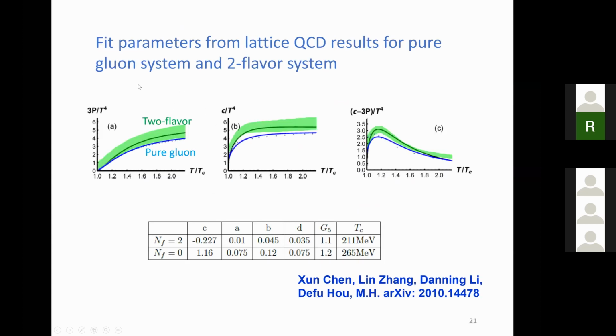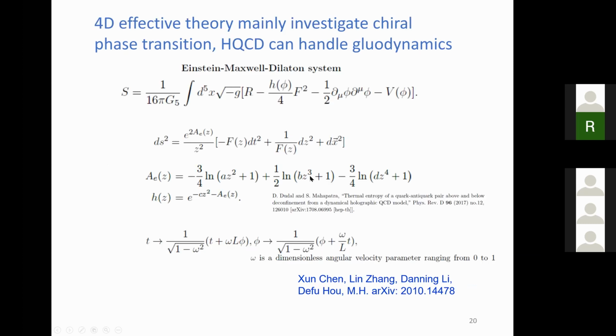the parameters of the system by using lattice results at zero chemical potential. We use lattice results for the pure gluon system, the blue dotted line, and also for the two-flavor system, the green band. By fitting the thermodynamical potentials, we can fit all these parameters.